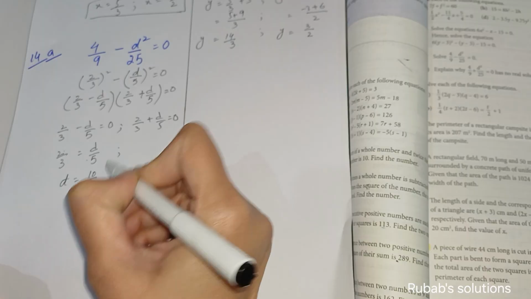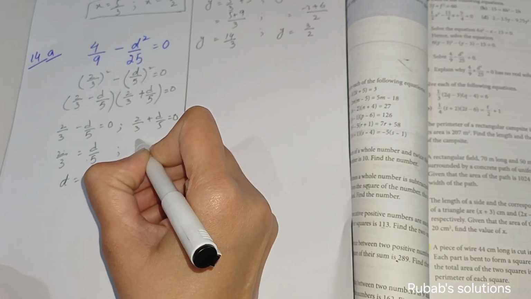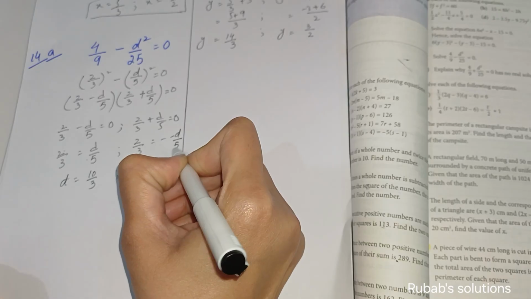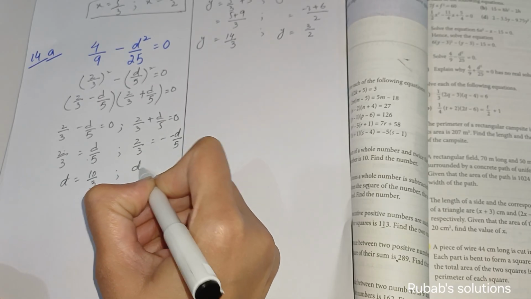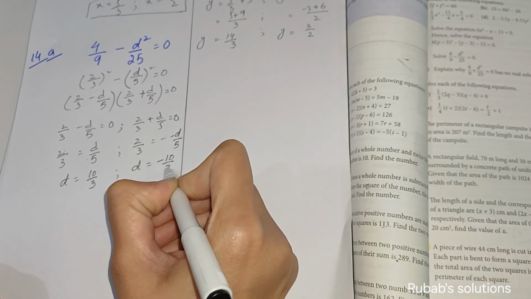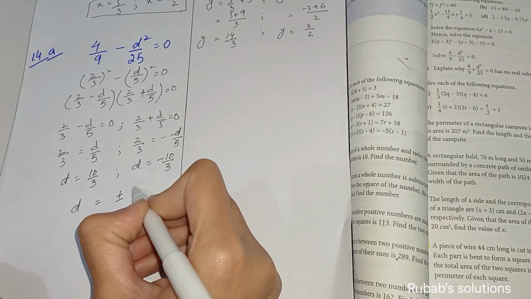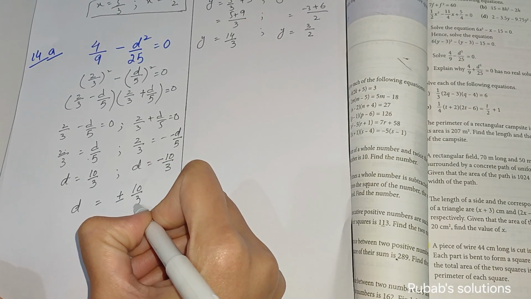From the other one you will get minus 10 by 3, because you shift it to the other side, so it is minus d by 5 and d will be equal to minus 10 by 3. So the answer, we can write combined, is plus minus 10 by 3.